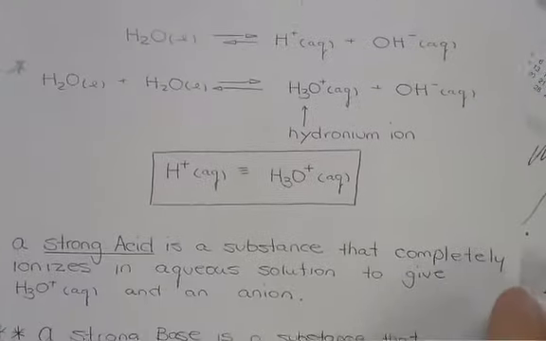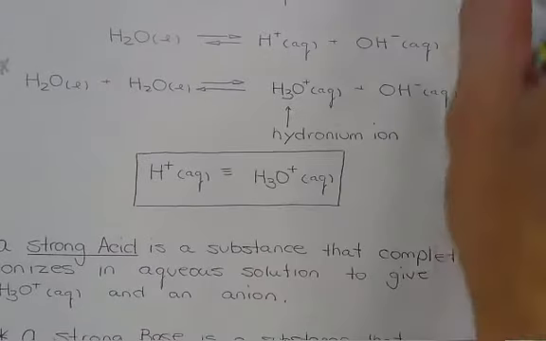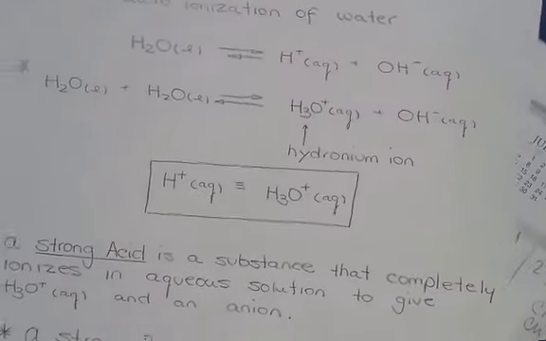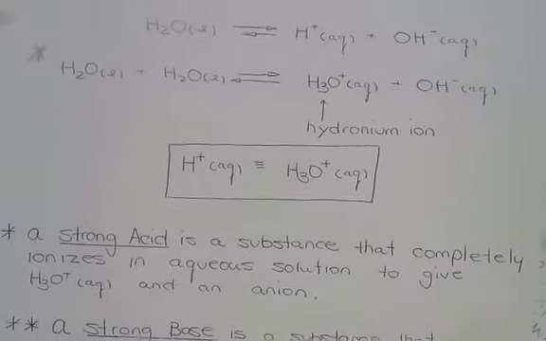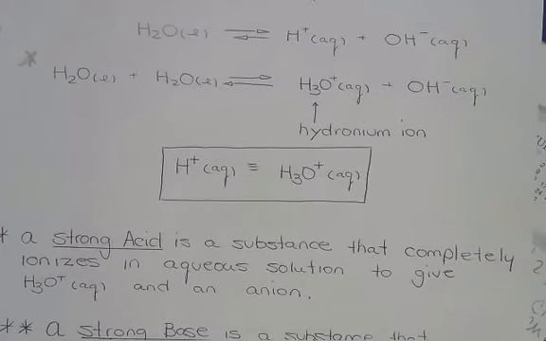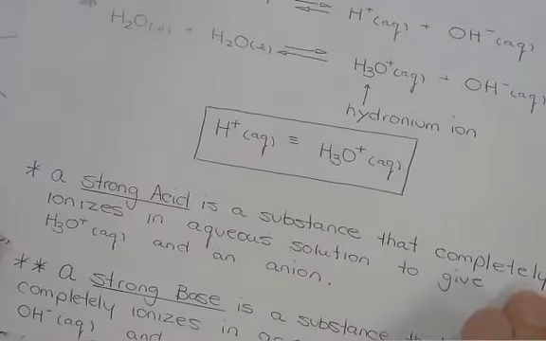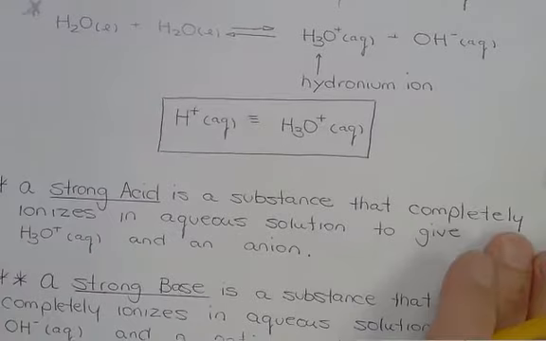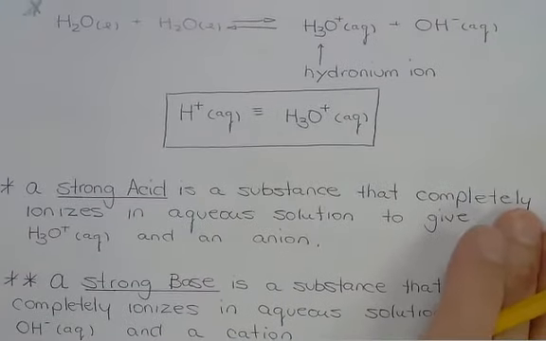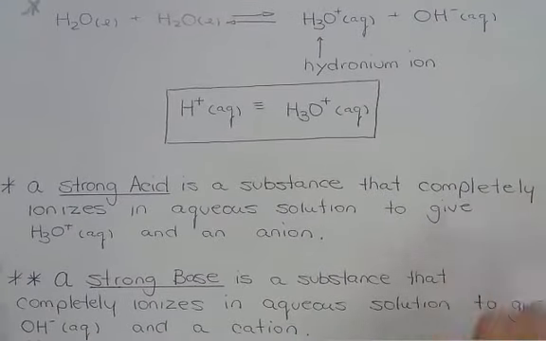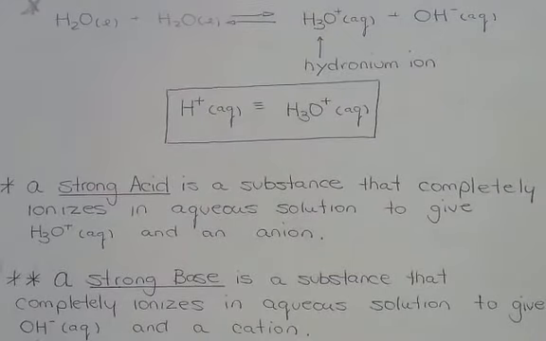Okay, down at the bottom of this first page, we're just going to talk about the difference between a strong acid and a weak acid. Okay, so I'll do that like that. How's that? Is that completely in the screen? Yeah. Okay. So a strong acid is a substance that completely ionizes in water to give H3O plus and an anion.